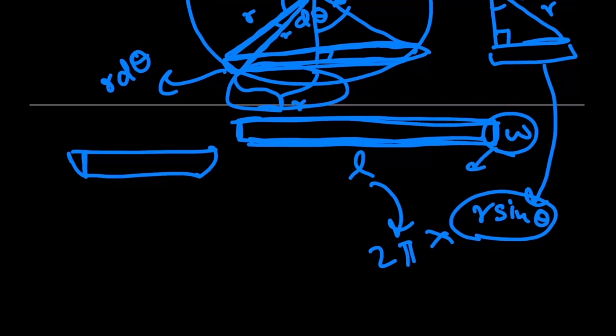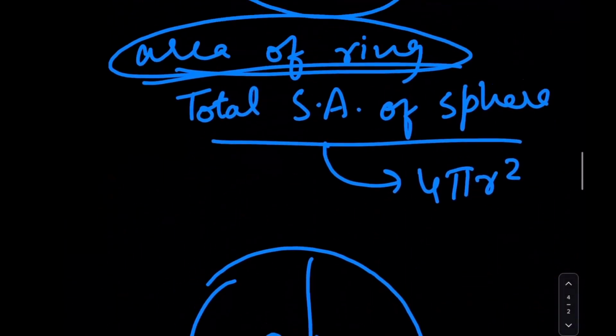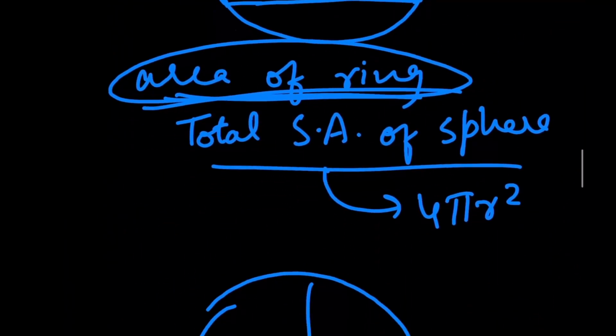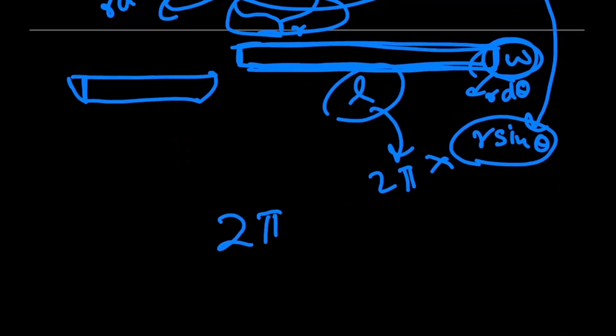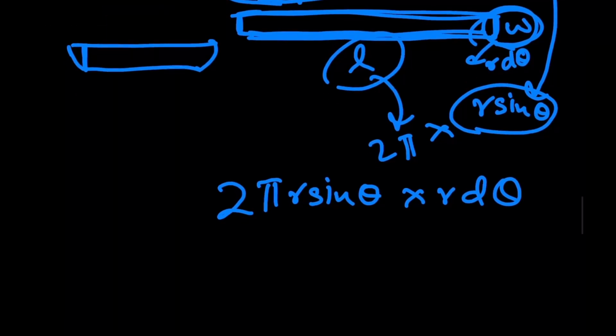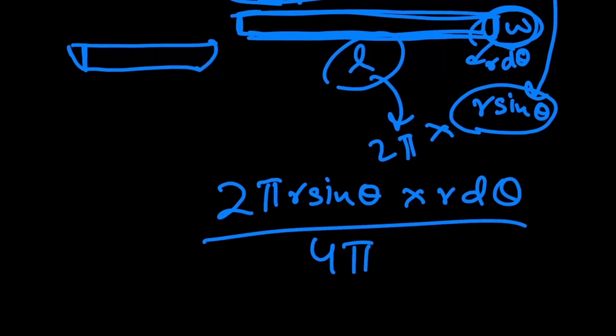So the width W comes out to be r d theta. So overall, the area of the ring comes out to be width times length, which is 2 pi r sine theta times r d theta. And to calculate the entire probability, we divide this by 4 pi r square.